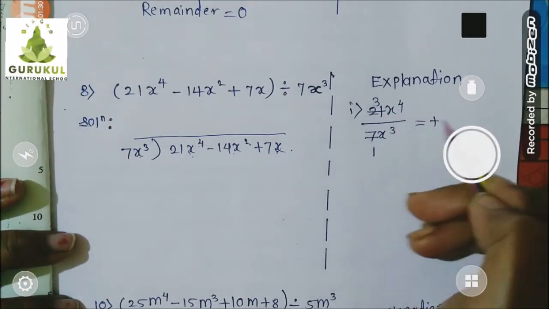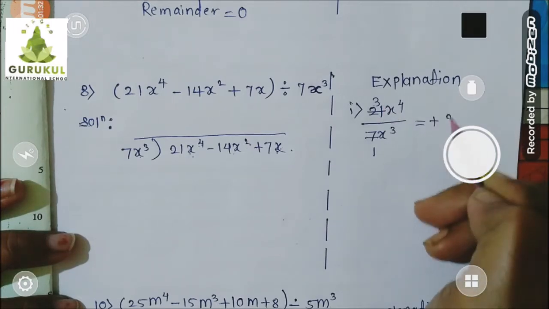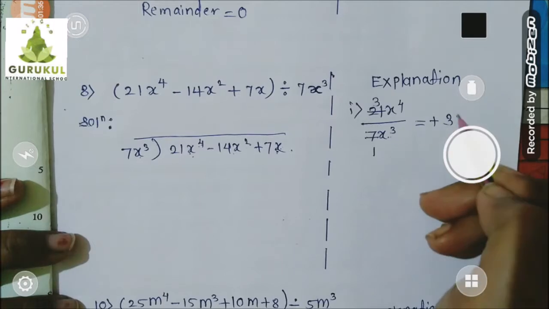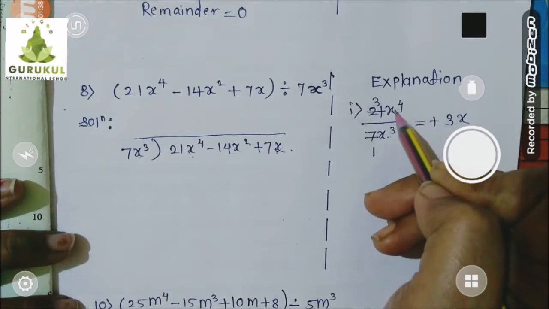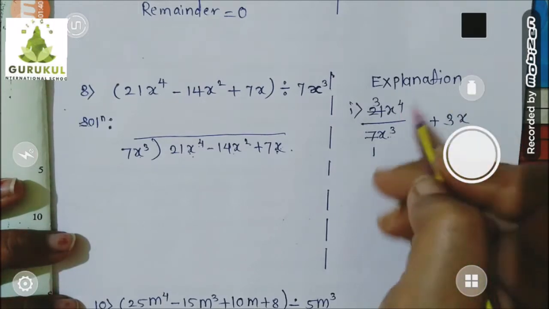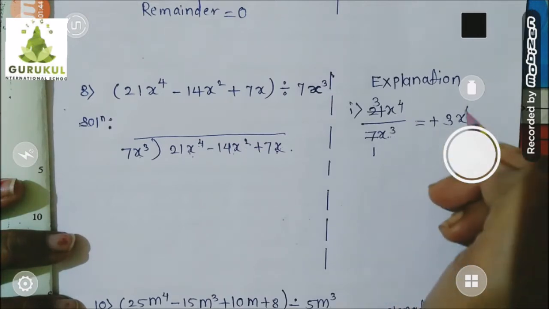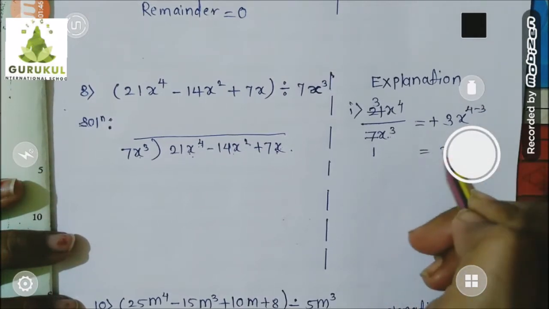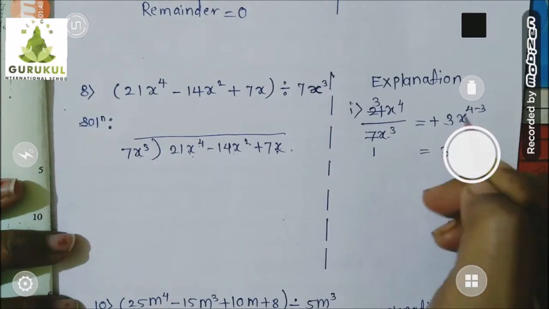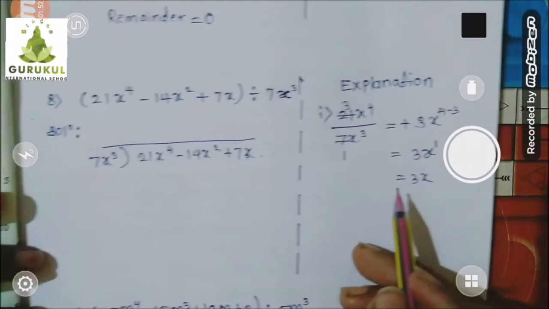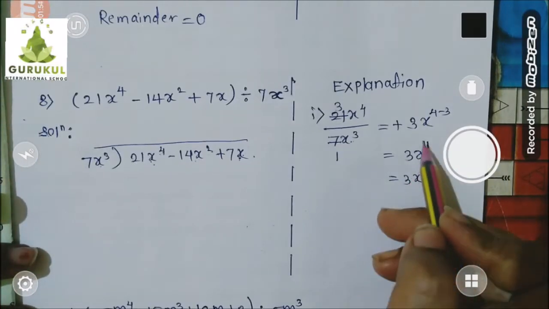And both variables are the same. So 21 upon 7, I will write 3. Now both variables are the same, so I will write it once. And upper index minus lower index, so 4 minus 3. So it will be 3x raised to 4 minus 3 is 1, that means 3x. And this will become the quotient.